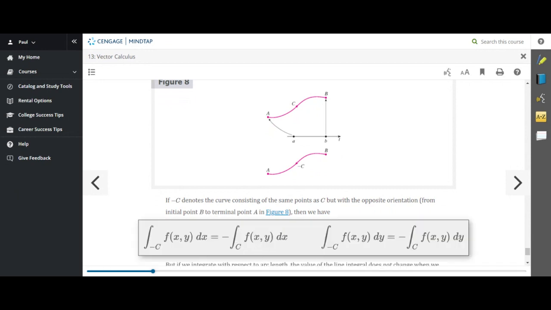So here, the line integral along negative c in the second picture equals the negative of the line integral along the path c in the first picture. It doesn't matter whether the line integral is with respect to x or y. That's a natural thing, and it has to do with the starting and ending t limits getting switched if you go the opposite direction along the path.